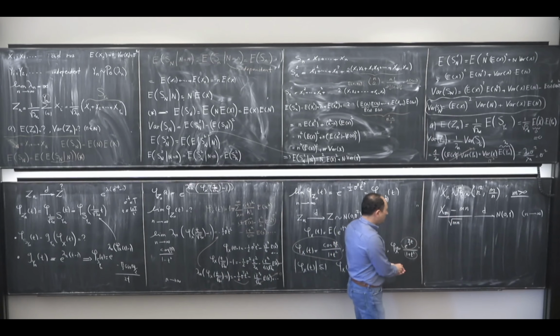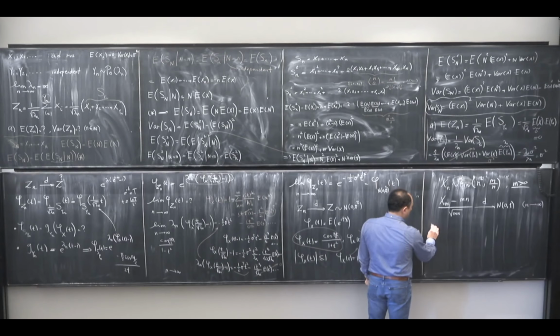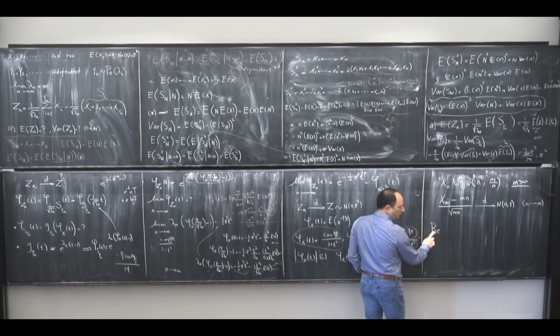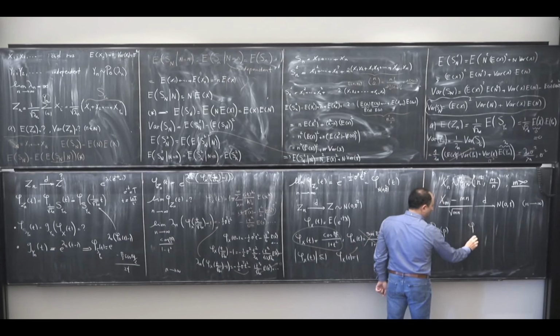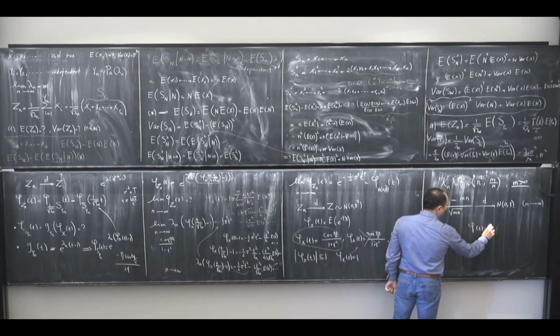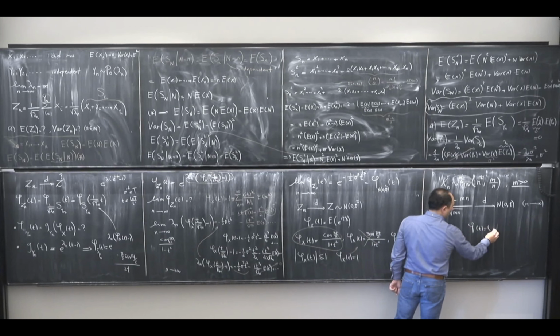So let me write the formulas from the formula sheet. For Bernoulli, you know what Bernoulli is? It takes 0 or 1, with probability p. So for Bernoulli(p), phi of t is q plus p e to the power it, where q is 1 minus p.